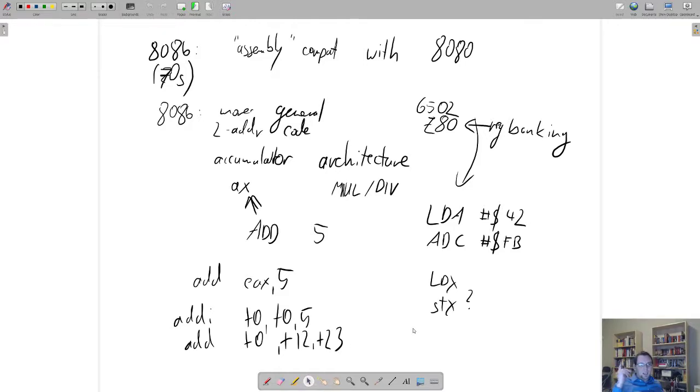So that's why 68000 and x86, both of which were designed at a time when DRAM was a lot smaller and a lot slower, were trying to keep the code small, and two address code is a good compromise.